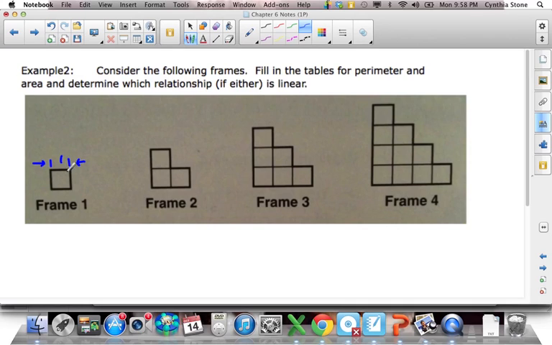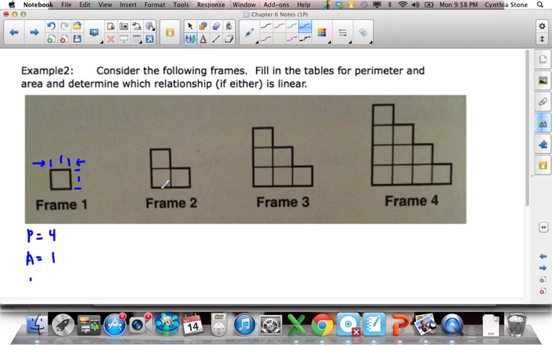If I said the perimeter of this one is 1 plus 1 plus 1 plus 1, it's 4. Area is 1 times 1, right? Length times length, so it's 1. And what that tells me is that each box has an area of 1.